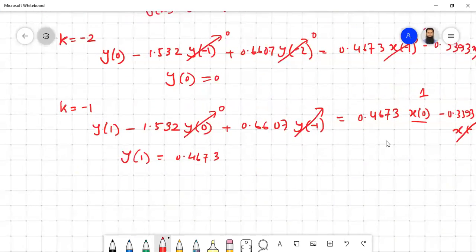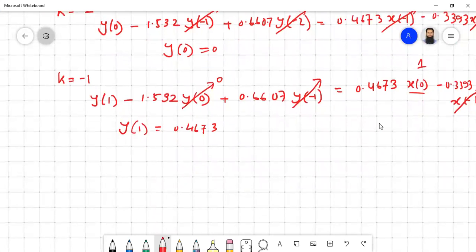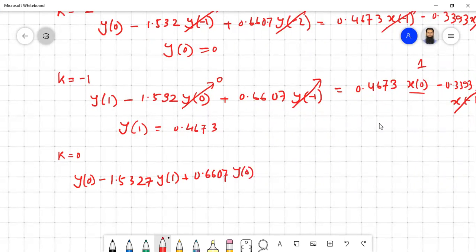Now the next thing you want to figure out is y(2). For finding y(2), you take k equal to 0, then we will have y(2) minus 1.5327 y(1) plus 0.6607 y(0) equal to 0.4673 x(1) minus 0.3393 x(0).